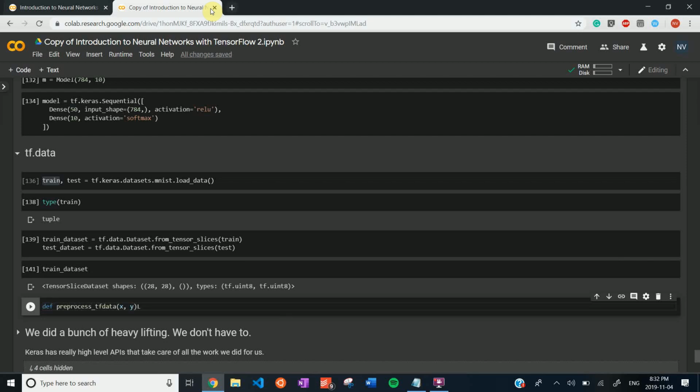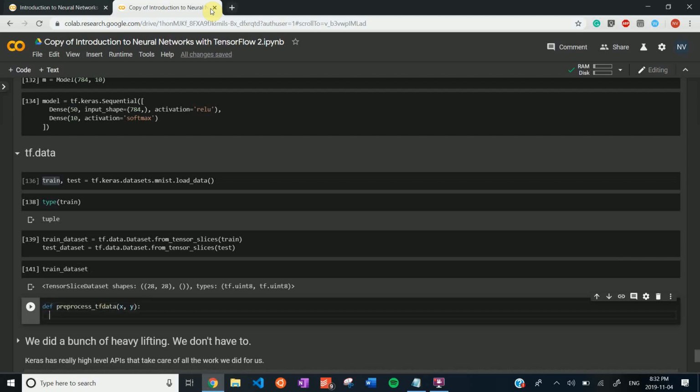It's going to take this x and y, and we're going to reshape x to 28 by 28. Before, you notice that I did -1, then 28 by 28, because we were working with the entire data set. This preprocess function, we're actually going to apply to the data set one at a time. And so the dimension is going to be 1 by 28 by 28, so just a long vector for each example.